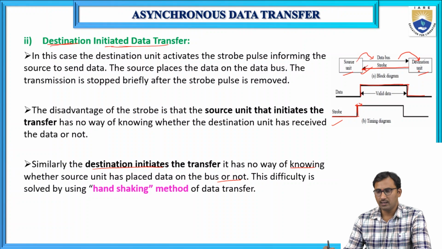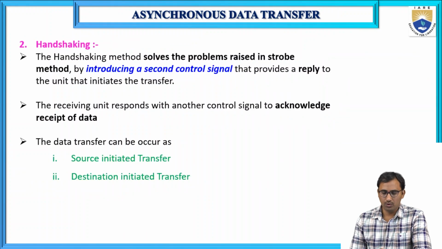So this is a drawback in the strobe pulse. To overcome this drawback, we go for the second method, that is called handshaking. Using this handshaking method, we can overcome that problem.